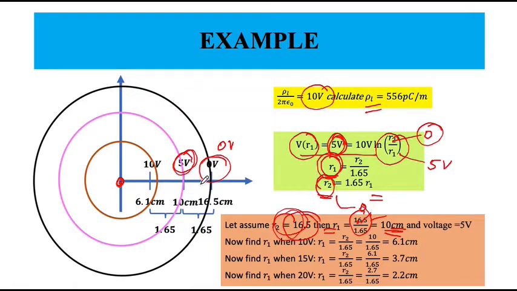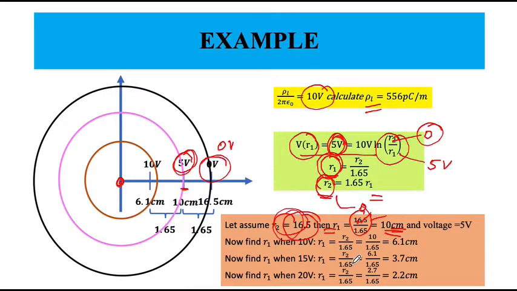If I now take R1 equal to 10 centimeters from the origin, the potential here will be 5 volts, because R1 is equal to R2 by 1.65. Since R2 is 16.5, my R1 value will be 10.